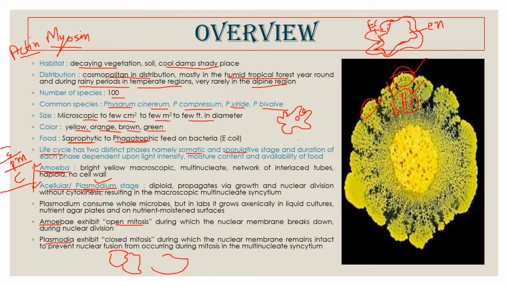But in the plasmodial stage, as we have discussed, maybe two or more types of amoeba, physiologically different, not genetically similar, have fused, but they maintain their individuality.